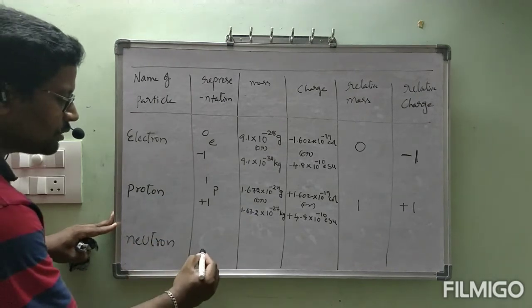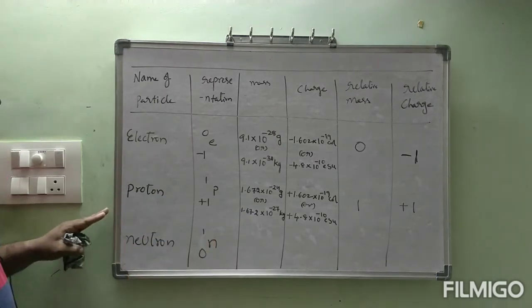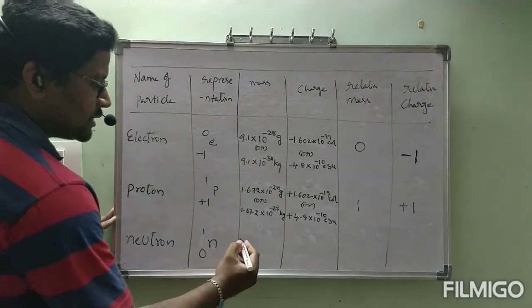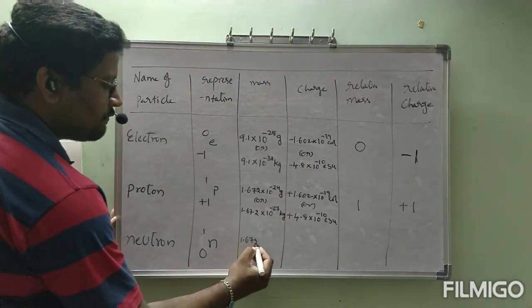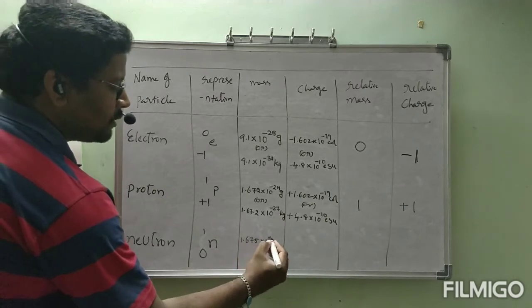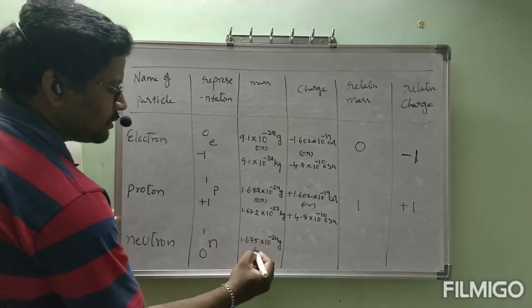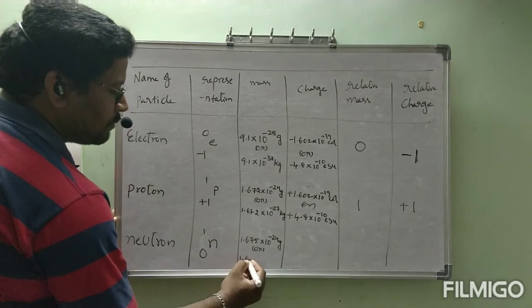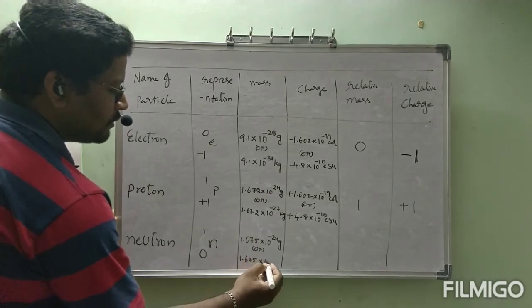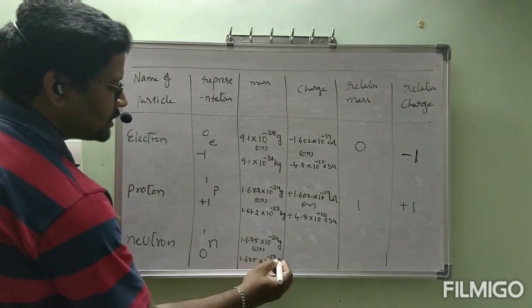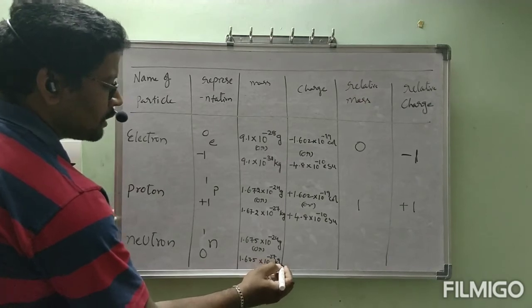Next, coming to neutron. Neutron representation 0N1, mass 1.675 into 10 power minus 24 grams, or 1.675 into 10 power minus 27 kilograms.